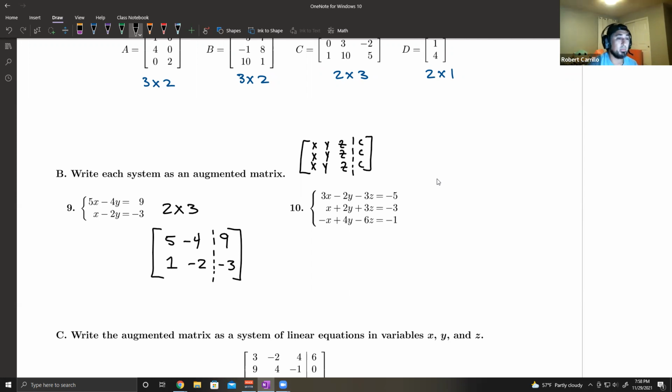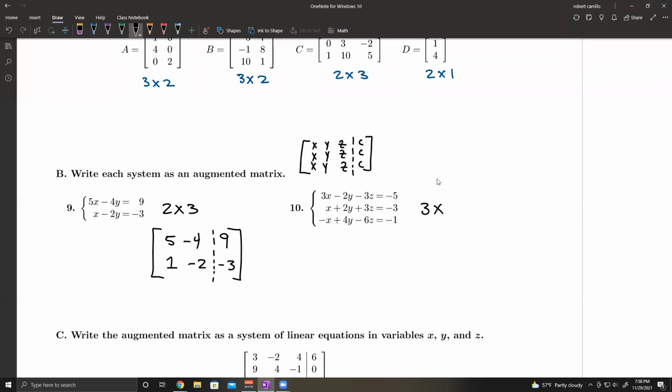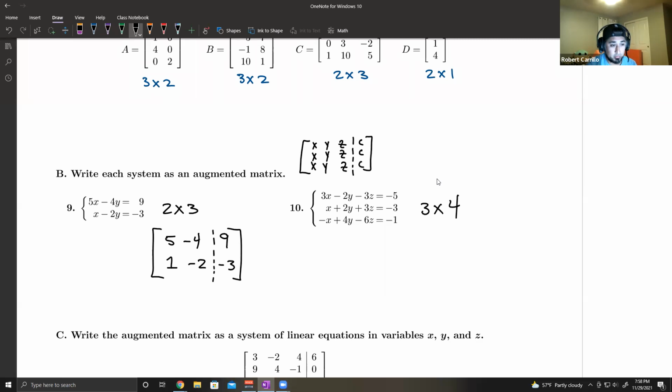All right, number 10, same thing. How many rows do you see? 3. How many columns? 4. Okay. So let's start our matrix. We'll start with all the x values.